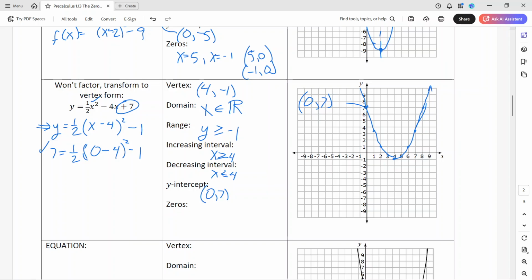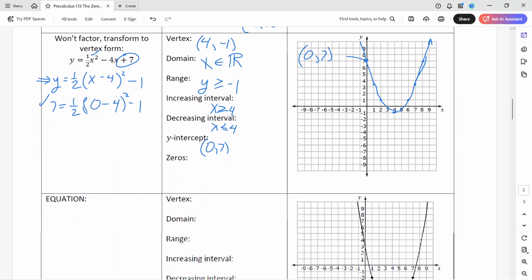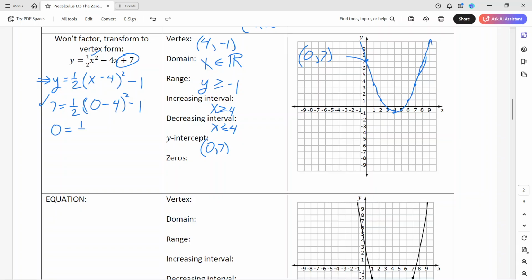And the zeros, ooh, what are those zeros? So here's where it becomes really important to notice the work that we did over here with our transformation into the HK form. The zeros of the function are the x value inputs that cause the y value outputs to become 0.